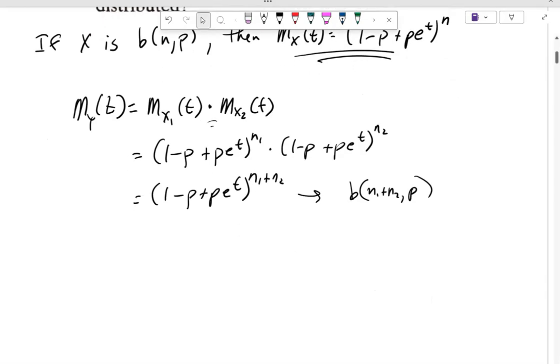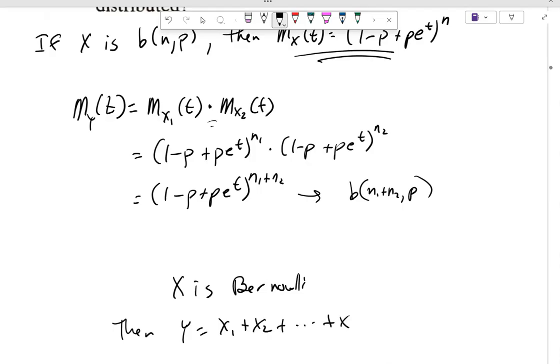But what's important is that, remember that we had Bernoulli random variables? Remember, Bernoulli was a single trial, right? Okay. So if your x is Bernoulli, then if I draw all of my x's that are independent from a Bernoulli, so if I have x1 plus x2 plus up to xn, I have a sum of independent Bernoullis.